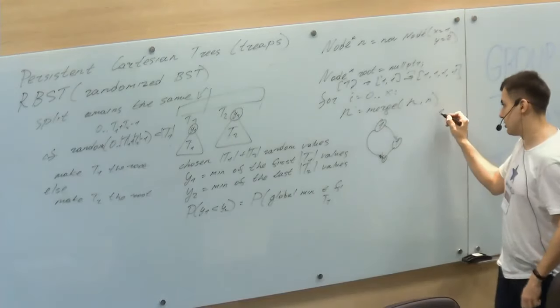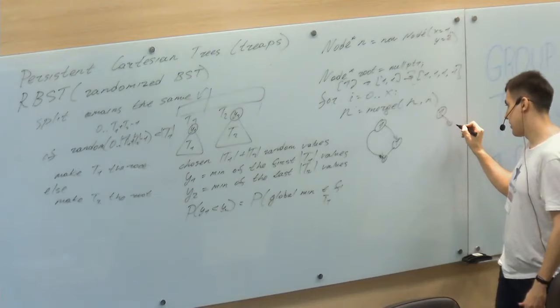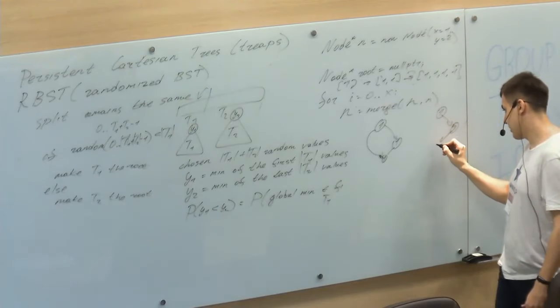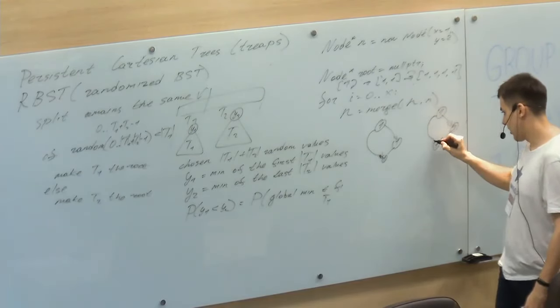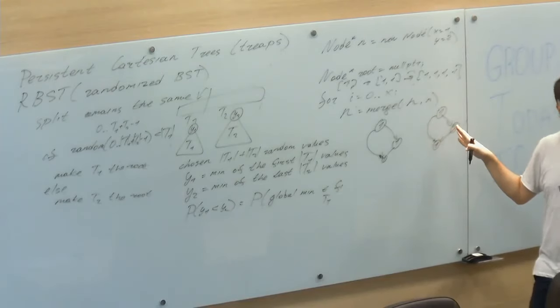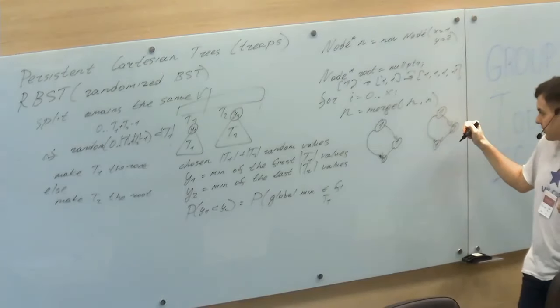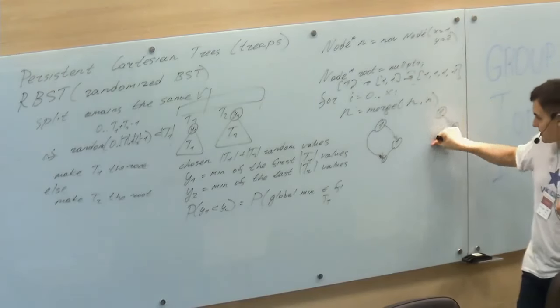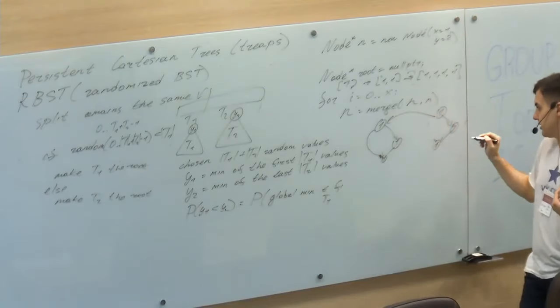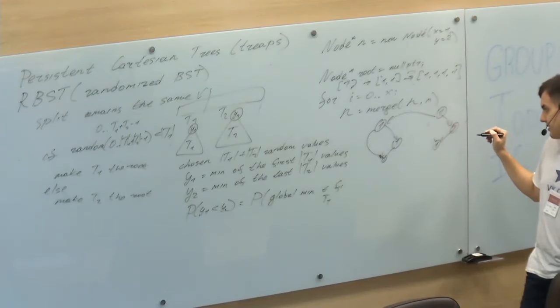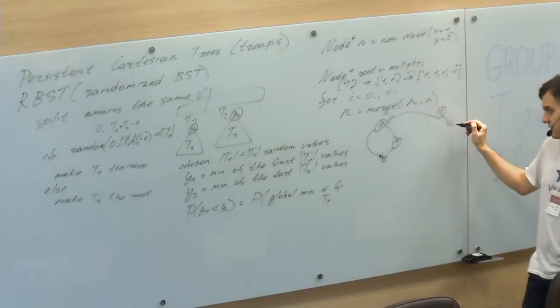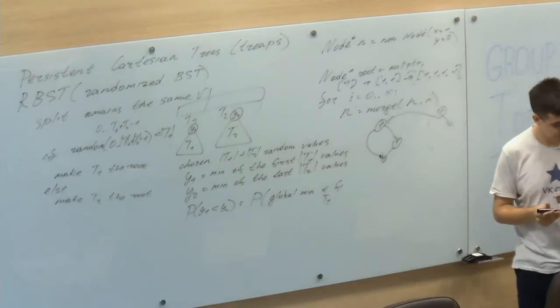After that we can draw the same tree and merge it with itself, and we get something like this. This now points here, this now points somewhere else, and so on.